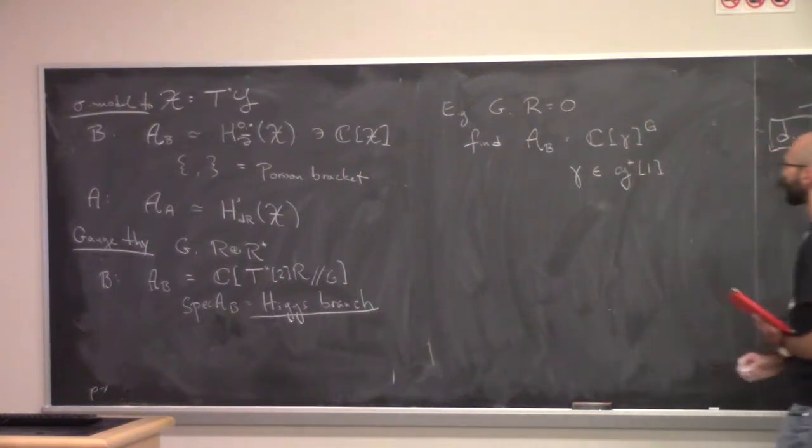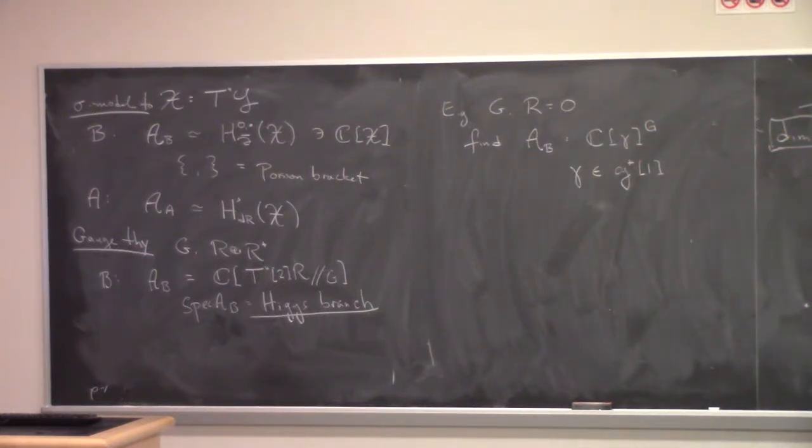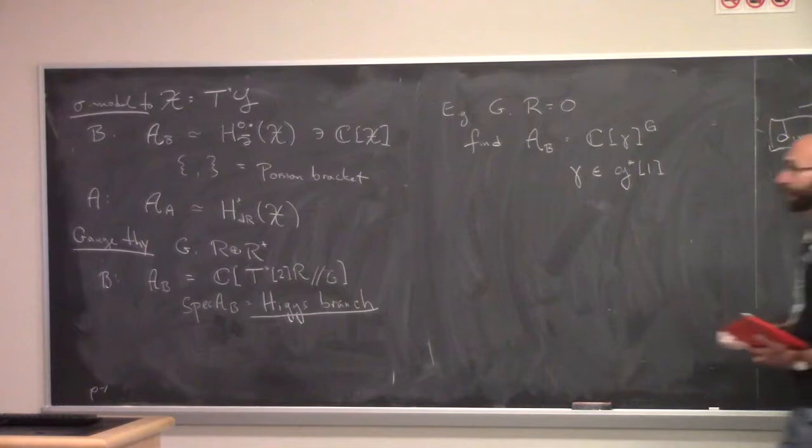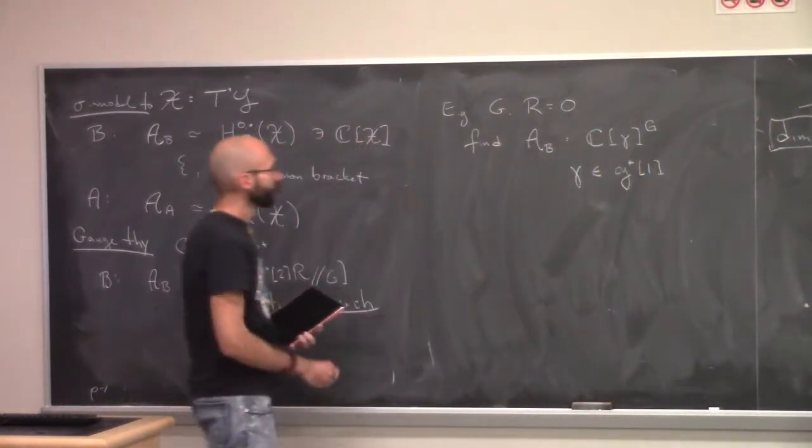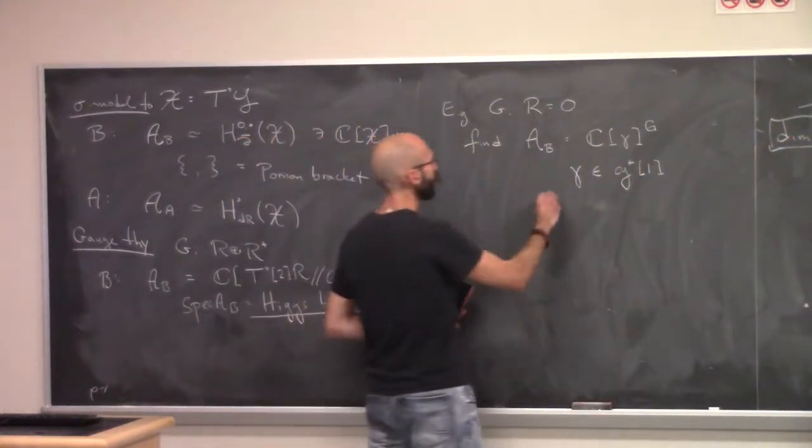Take G invariance of that. Physically, these are gauginos. And what I'm saying is that if you B-twist pure gauge theory, there will be gauginos in the algebra of local operators that sit in there.